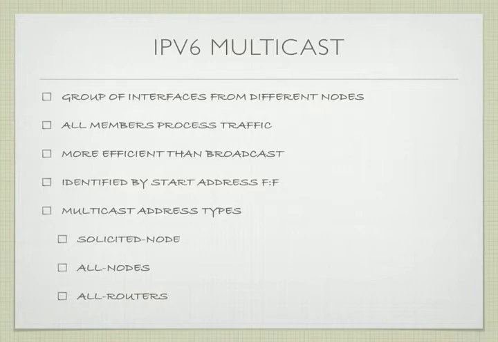All nodes is the multicast for router advertisement, and all routers is the multicast address for devices that are going to send router solicitation messages. So again, multicast conceptually and configuration-wise is very, very similar in IPv6 as it is in IPv4.